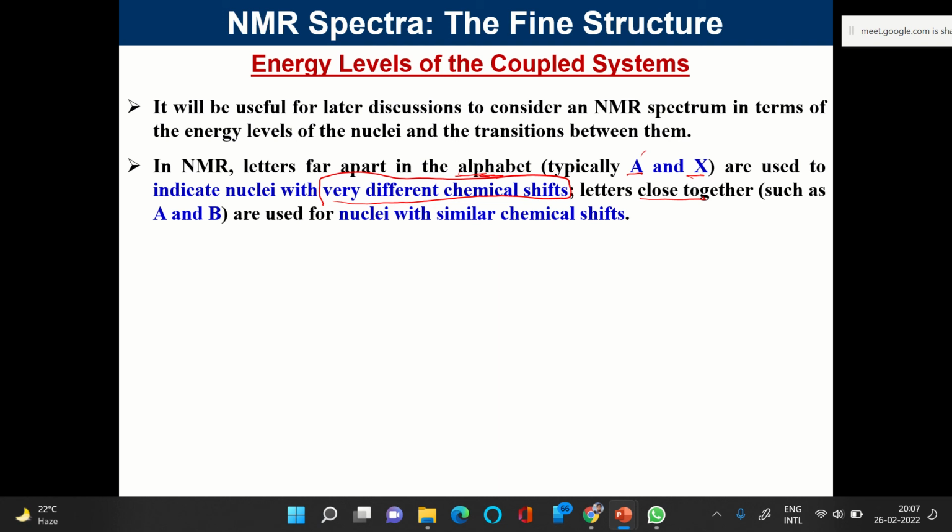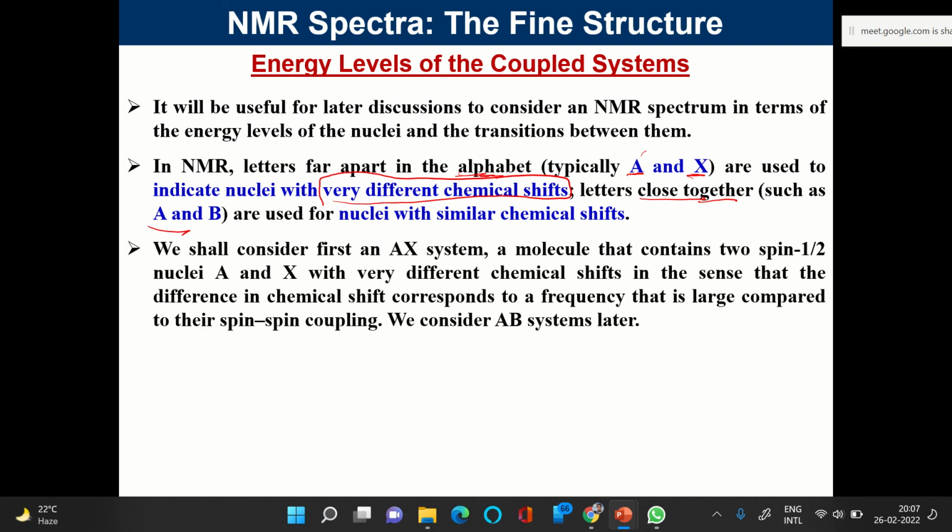So if they are far apart in chemical shift, we label them A and X. If they are close together, A and B, just like the letters A and B are close in the alphabet. So when we describe coupling, we talk in these terms: an AX system or an AB system.